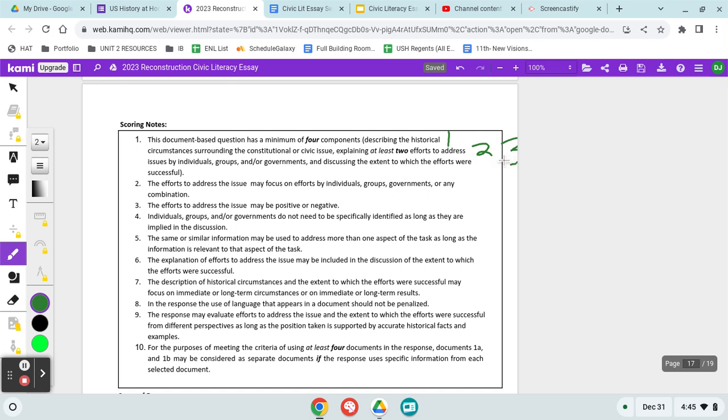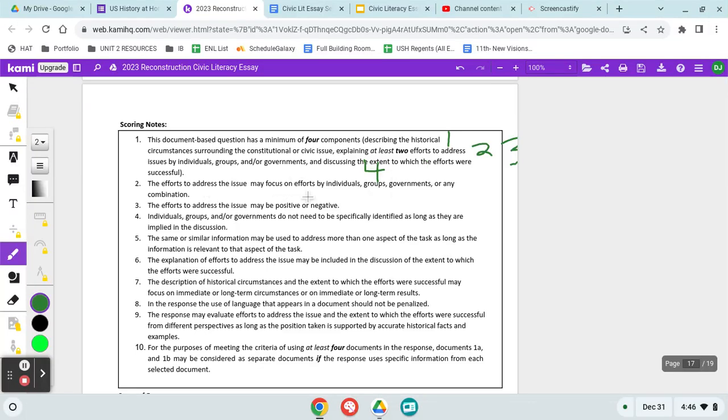They're missing that second effort, and then therefore it's really incomplete, because you want to also then evaluate the extent to which the efforts were successful. So historical circumstances is the first component, effort 1 is the second component, effort 2 is the third component, and then finally evaluating the impact or discussing the successes and failures, that is your 4th. You don't need 4 paragraphs. You don't need 4 body paragraphs for these components, but we'll talk about that with organization.